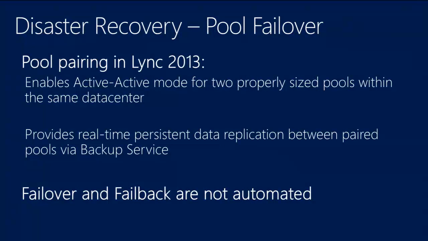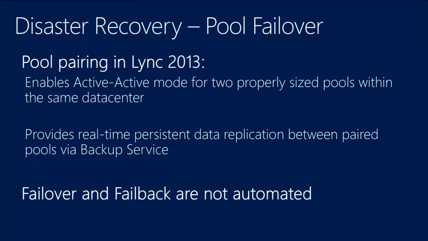So we talked a little bit about pool pairing. And here's some planning guidance, if you will, or some things to keep in mind. It enables active-active for two properly sized pools within the same data center. So we're talking about in a data center, this is pool failover, right? These servers are both on. This is not the case where we have a pool that is standby.